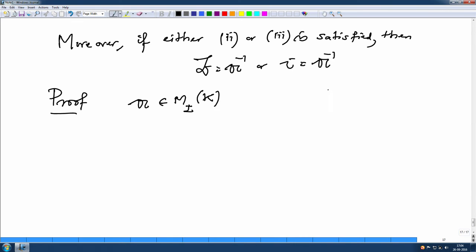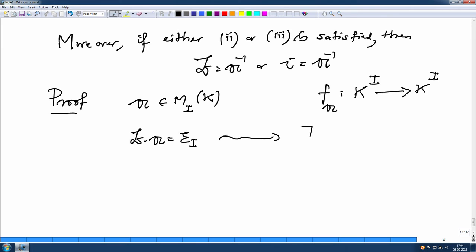Instead of a matrix A, I am going to think of a linear map F_A from k power I to k power I. If this matrix A is invertible, that will mean this is an automorphism. Left invertibility, B times A is the identity matrix, should mean there is a map, of course the map is F_B.